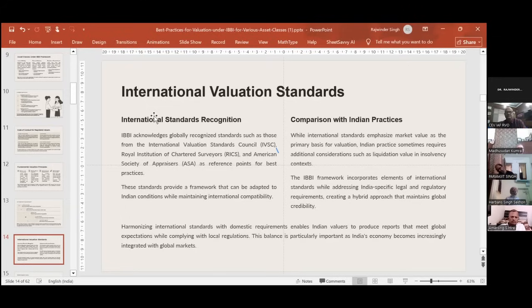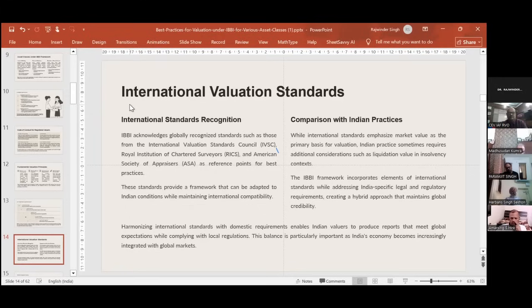So as far as valuation standards are concerned, IBBI has recognized the international valuation standards, and as registered valuers, you may use international valuation standards or the valuation standard of any RVO of which you are a member, or even if you are not a member of that RVO, if they have made certain standards, you may use them for your valuation.